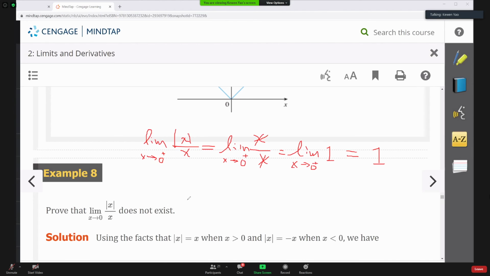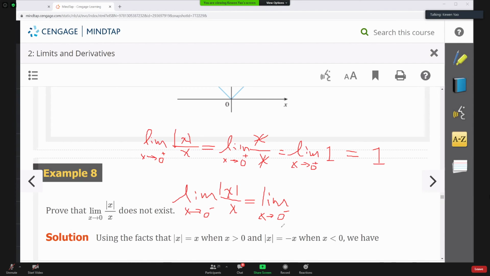Okay, now let's look at the left limit. The notation is this: x goes to 0 from the left. The function is the absolute value of x over x, right? Now let's continue. Limit as x goes to 0 from the left.